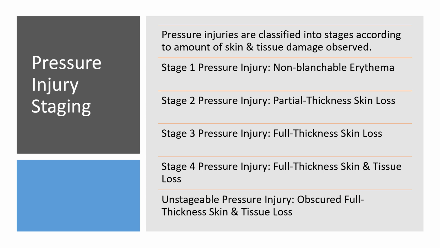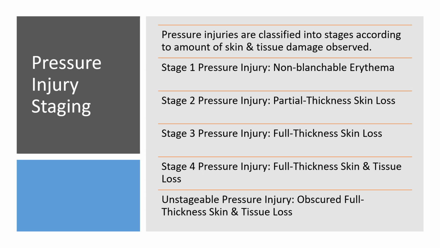A stage 4 pressure injury is characterized by full thickness tissue loss. Fascia, muscles, tendons, ligaments, cartilage, and/or bone are visible. The edges of the wound are rolled, undermining and tunneling may be present, and dead tissue may be seen.